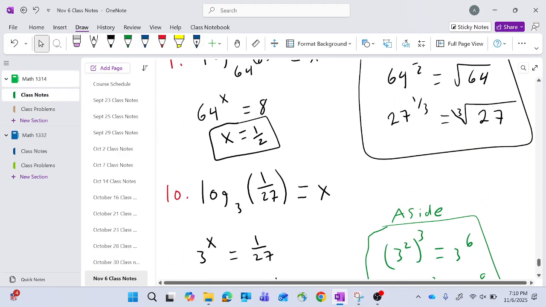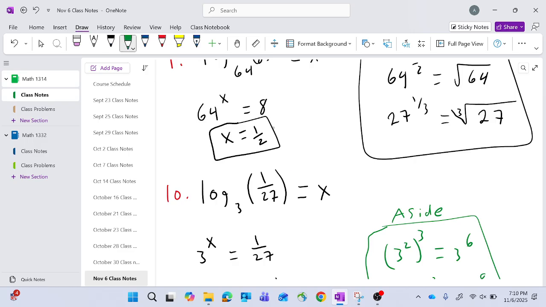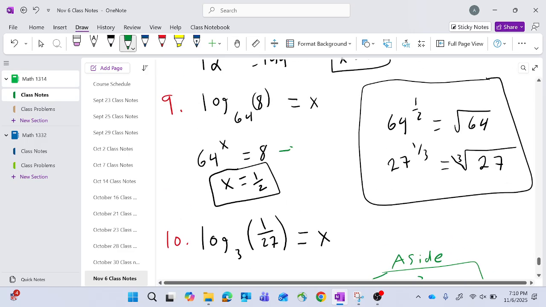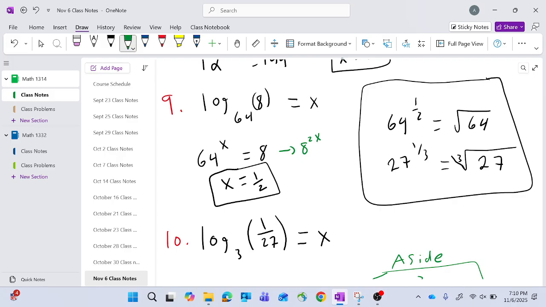Yeah, I guess here on the previous one, if you really wanted to, you could have said, oh well, 64 to the x, that's just 8 squared to the x. So 8 to the 2x equals 8 to the first power. Right, 64 is 8 squared, and 8 squared to the x is 2x. Are y'all fine with what I'm doing there or not really? I mean, the way I saw it, you can do that.